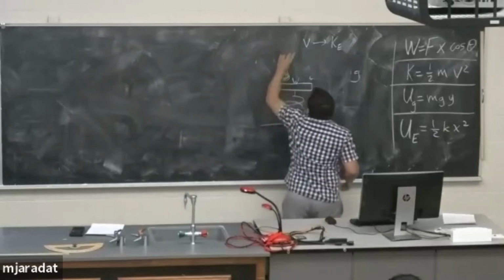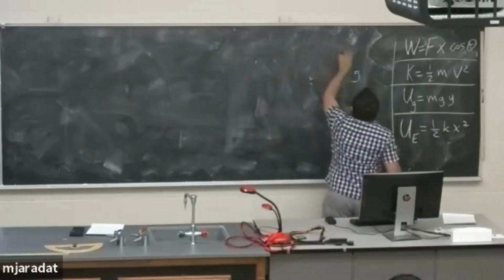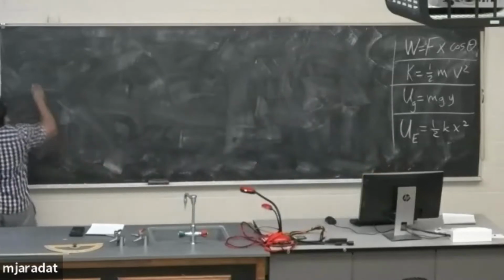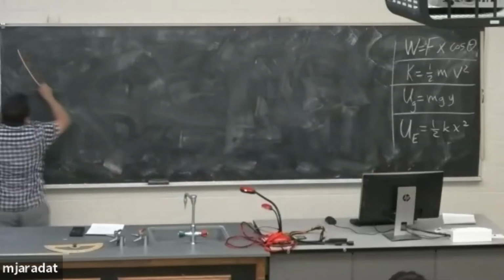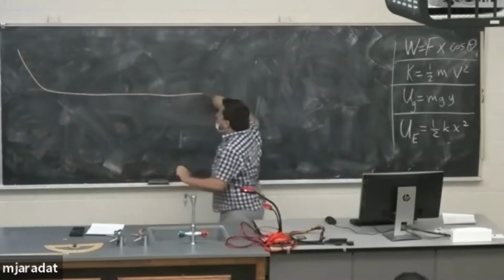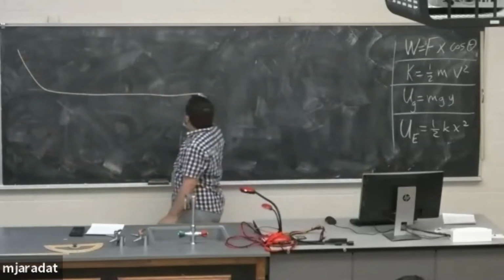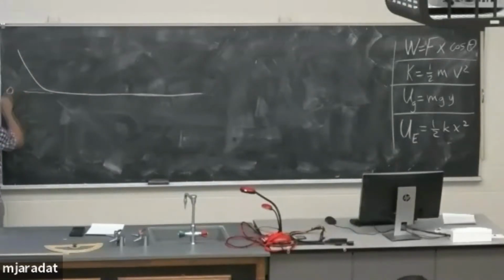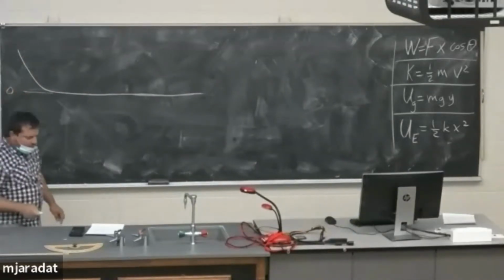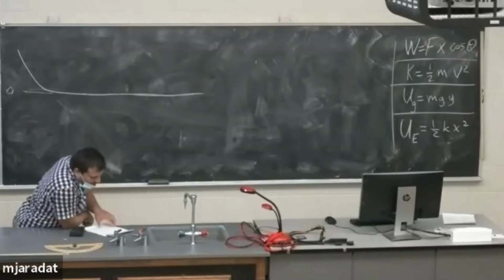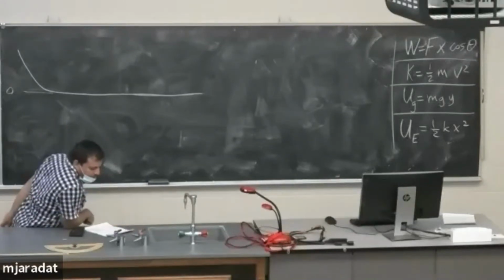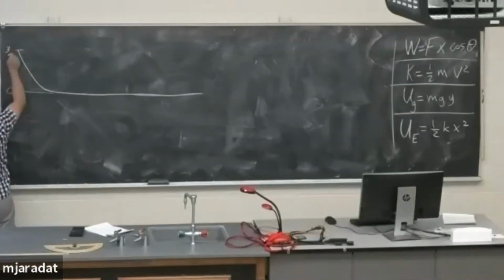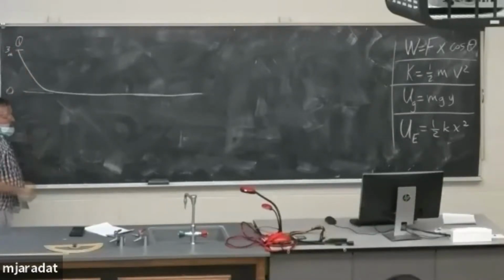Now I'll go again to the example. If we have this system, we don't have any frictional force. This is the zero point and the maximum altitude is 3 meters. So this is point number 1.